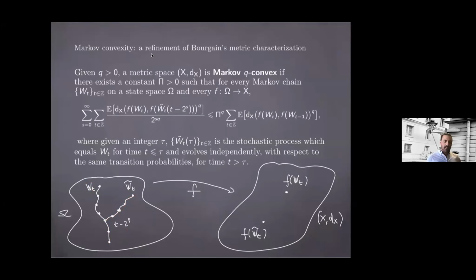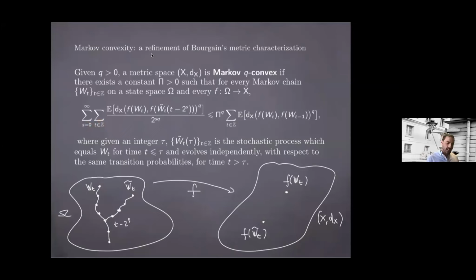So when you do this, you create a fork in your state space. And then you look at the image of the two endpoints, so you end up here and here in your metric space. You can compute the distance between these two points, raise it to the q, rescale properly, and then you take an average because here you have a stochastic process. You do this for every time, for every scaling factor, you sum, and you get a quantity.